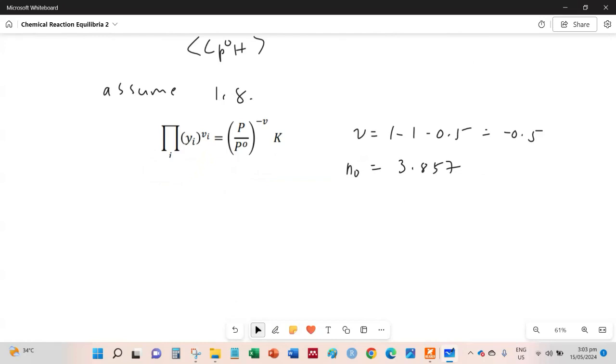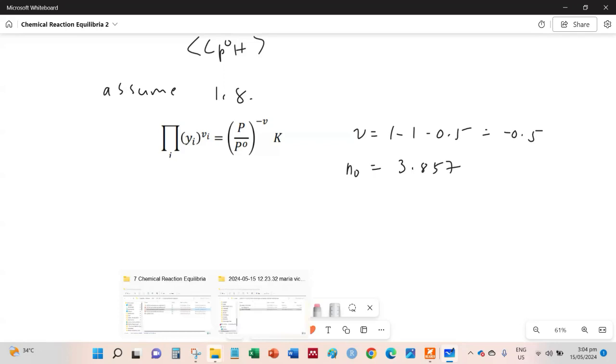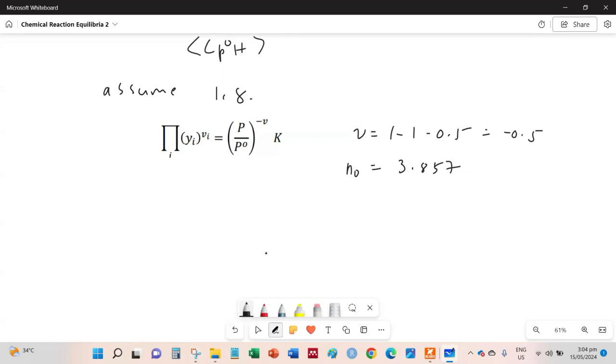So let's expand this first. Expanding this, it's YSO3 over YSO2 times YO2 raised to 0.5, and that is equal to P over P naught, raised to negative 0.5.